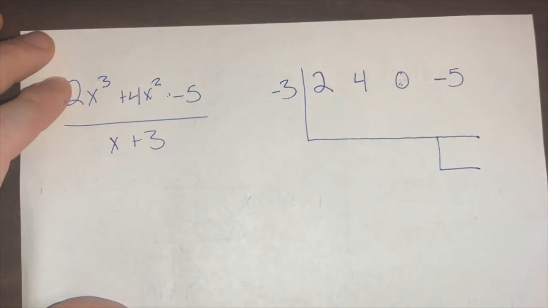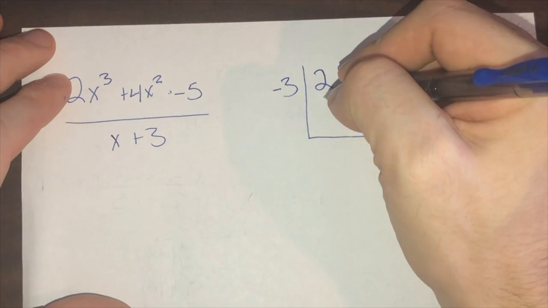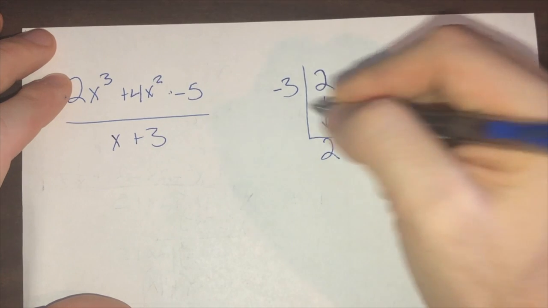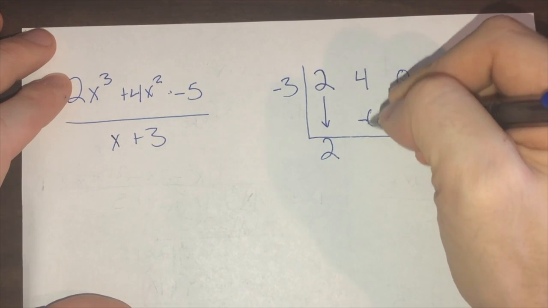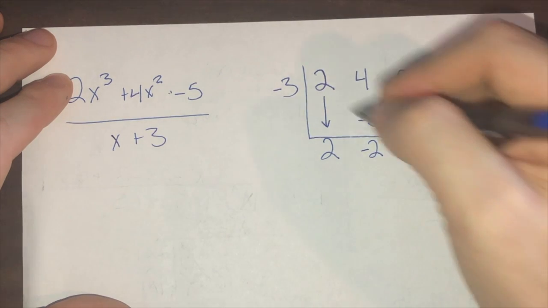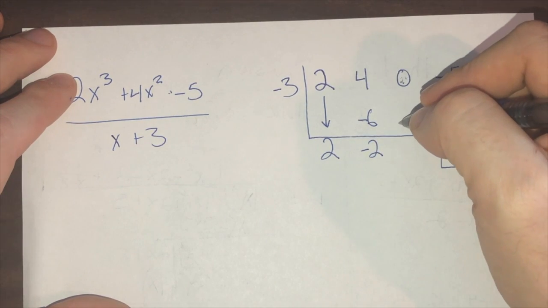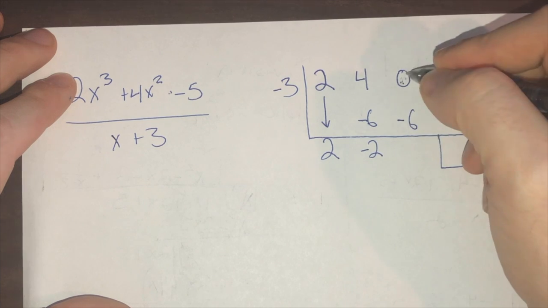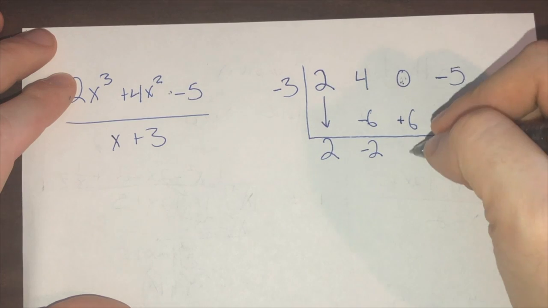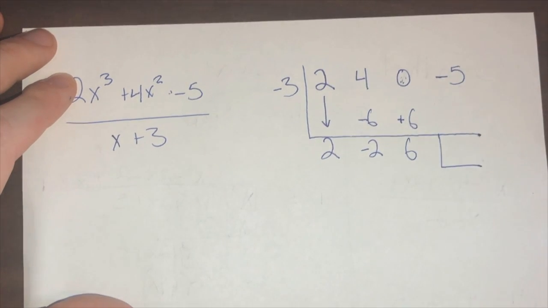Negative 3. Okay, so again, now that I do that, I bring down my 2. I multiply 2 by negative 3. I add, okay? I multiply 2 by negative 3 again. Now this one you got to be careful. They're negative, so this will become a positive 6.